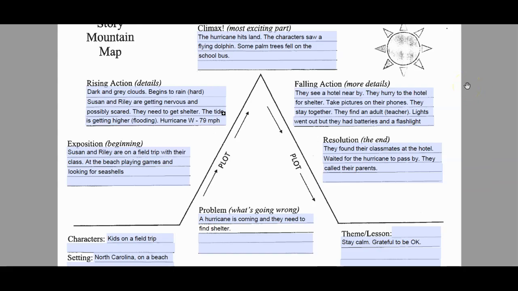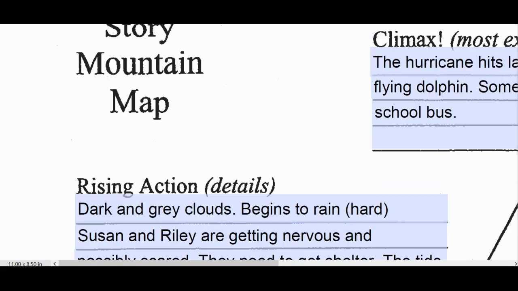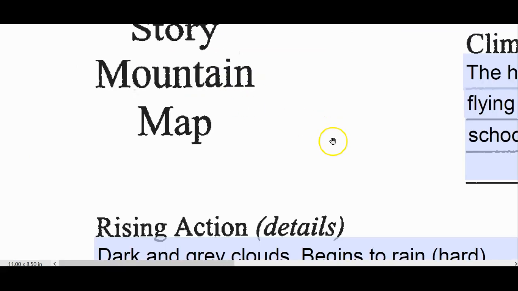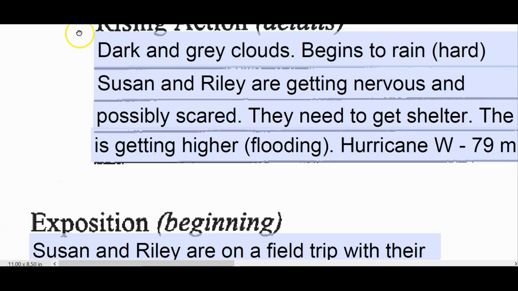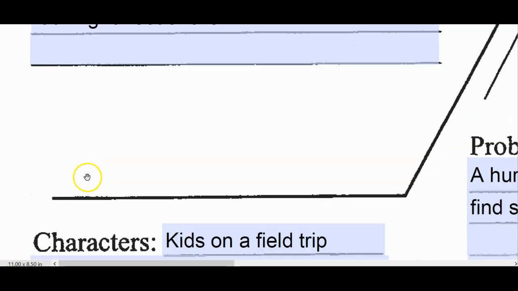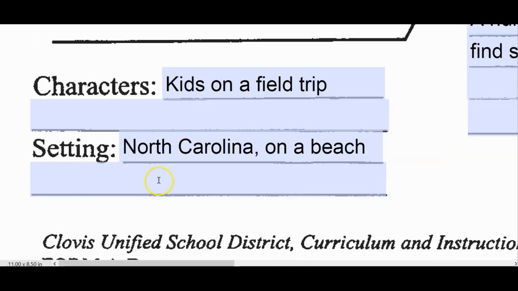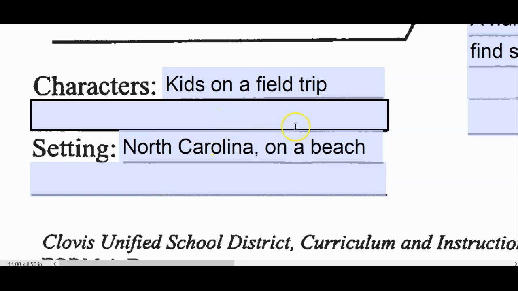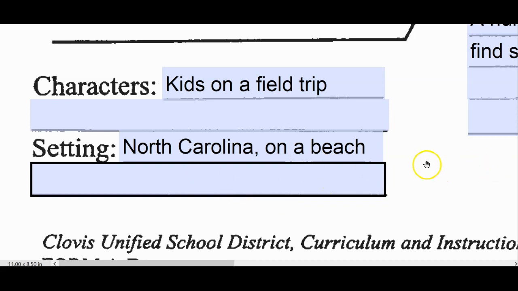All right, this is page 5, your story map. You start off here in the bottom left-hand corner. Okay, my characters were kids on a field trip in North Carolina, and they were on the beach.